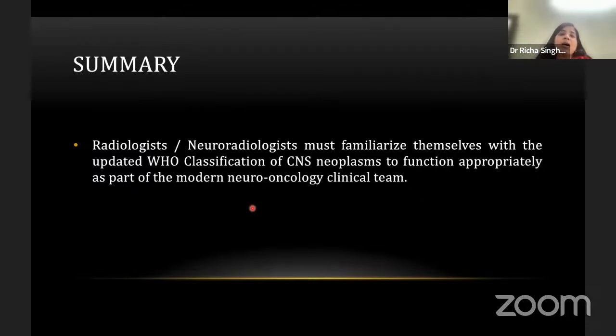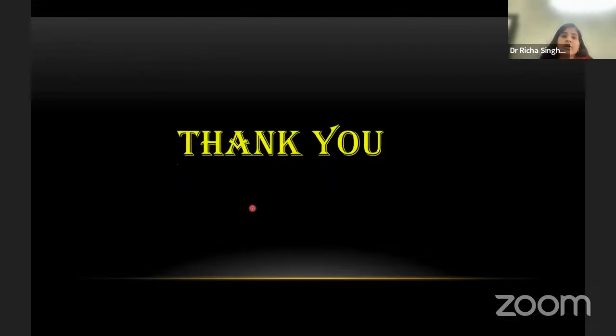The take-home message here is that radiologists and neuroradiologists should be familiar with the updated WHO classification of CNS neoplasms to function appropriately as part of the modern neuro-oncology clinical team, and especially radiological reports should give a brief idea of any molecular pathology if they are able to discern it on the basis of imaging features. So here I will end my talk, and thank you to the organizers for letting me speak here.